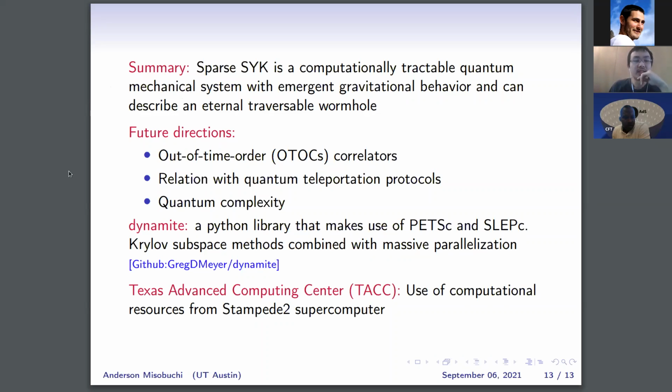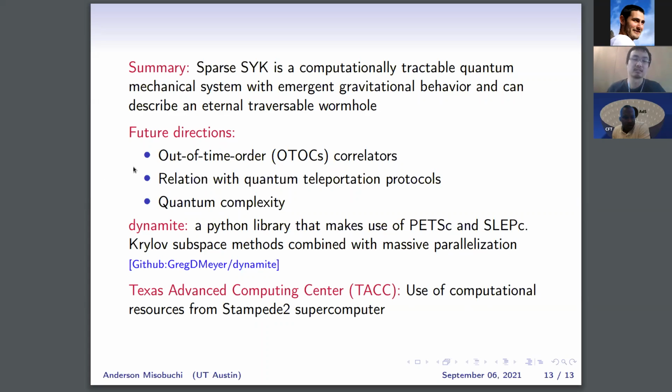As a possible future direction, one natural one in this context of traversability is to find a relation with quantum teleportation protocols, in which instead of having an interaction that's time independent, you just turn on the interaction at some time. And you should still be able to recover the signal, the quantum state that you want to teleport from one side to the other.